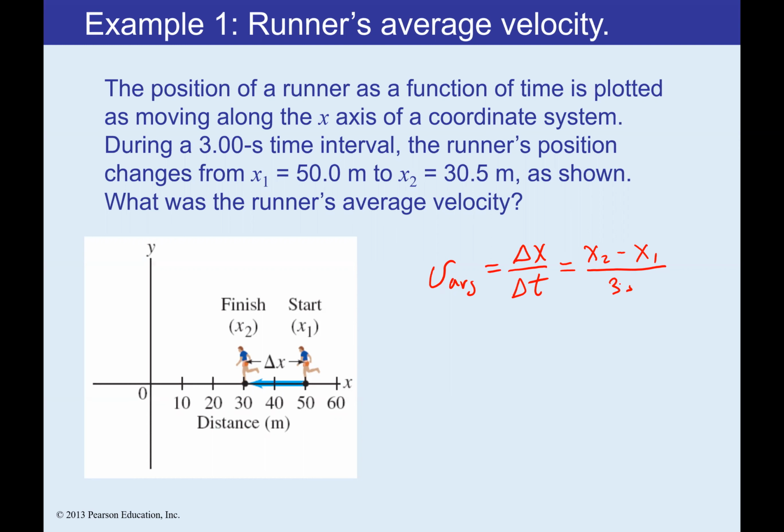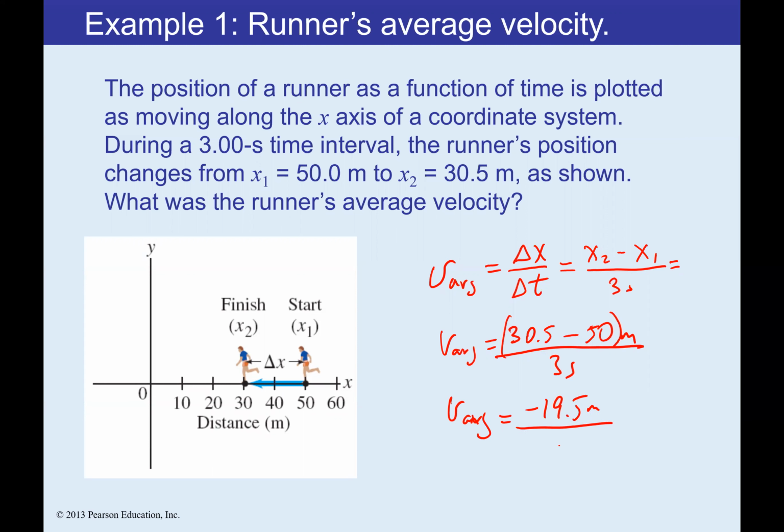So v average equals 30.5 minus 50, in meters, divided by 3 seconds. If we calculate, we get negative 19.5 meters, that's my displacement, divided by 3 seconds, and this is negative 6.5 meters per second.